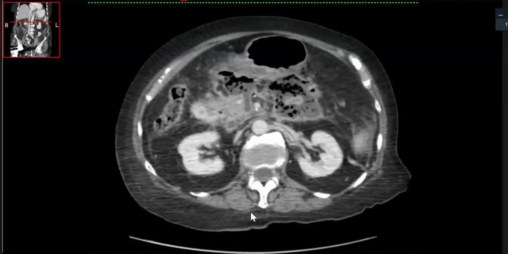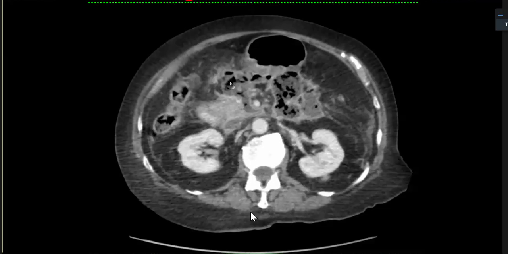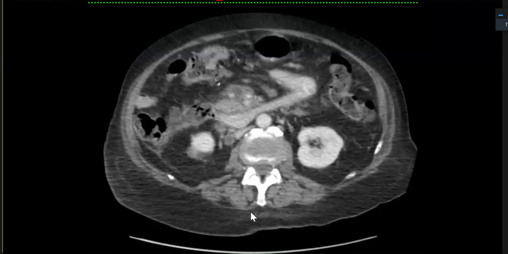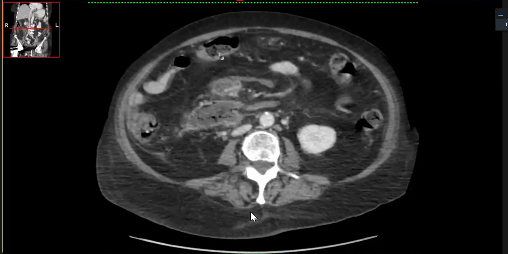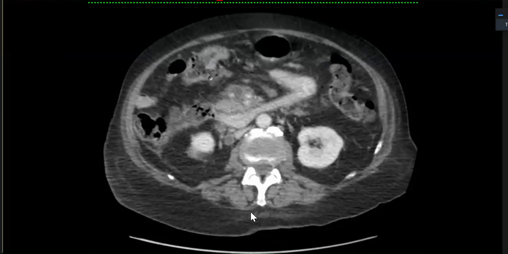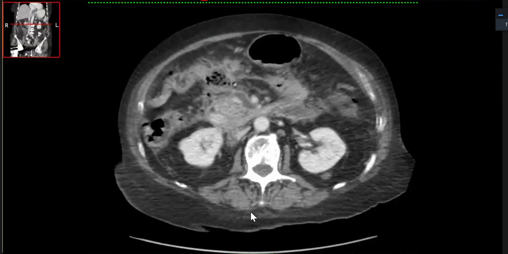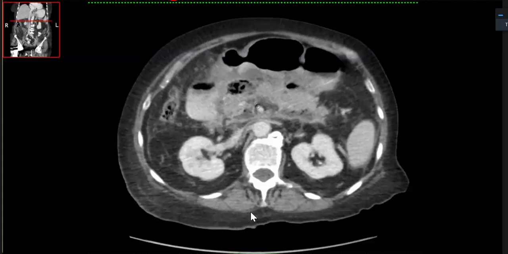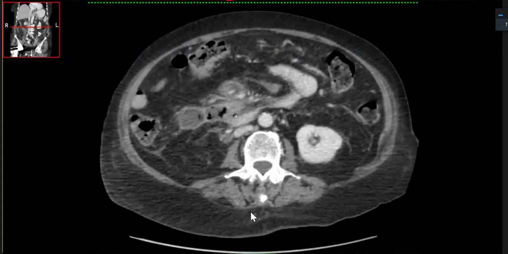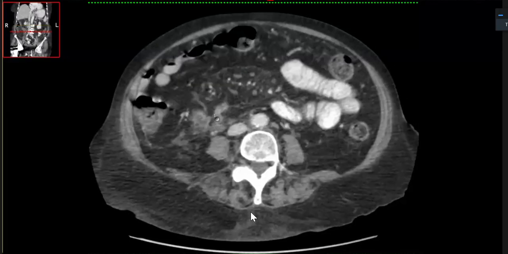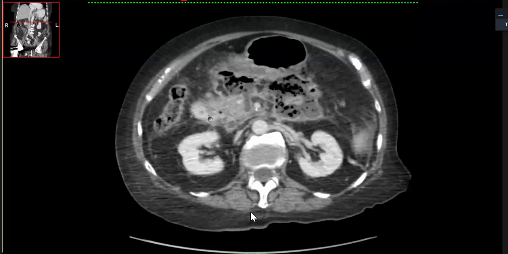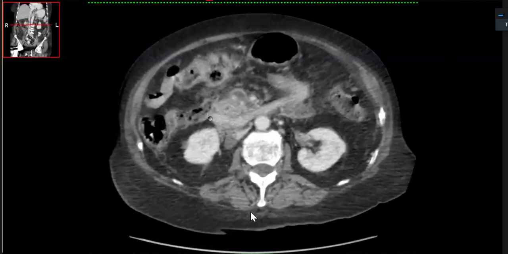Now, if you trace it as we look here, this goes, and then it communicates with the large bowel. And another ramification of it goes inferiorly on the right, and this ends here in the peritoneum, in the small bowel mesentery.